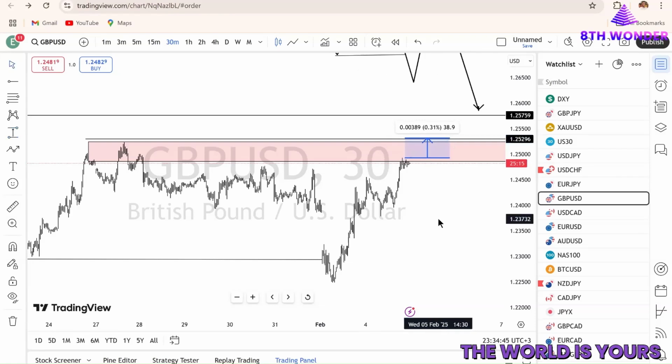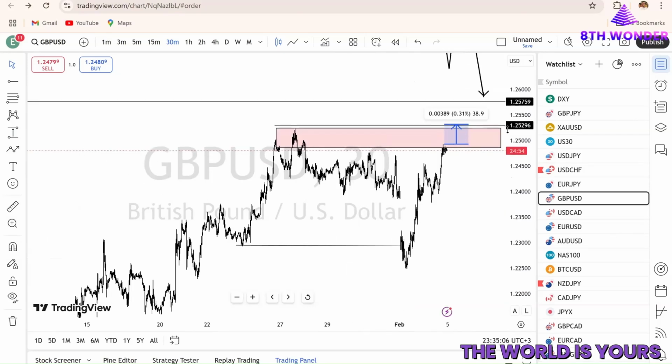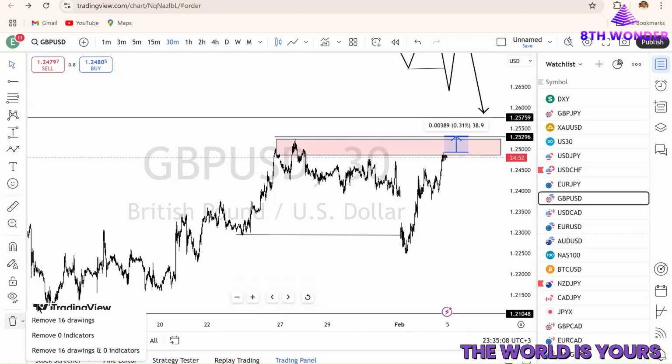Now for me, I like to use big lots, so I cannot afford this big stop loss. So what I'm going to wait for is to see a full change of character, so that my entries can have small stop losses and a good possibility of using good lots on that area. So that's the picture of how to trade on those key levels, as I explained yesterday.